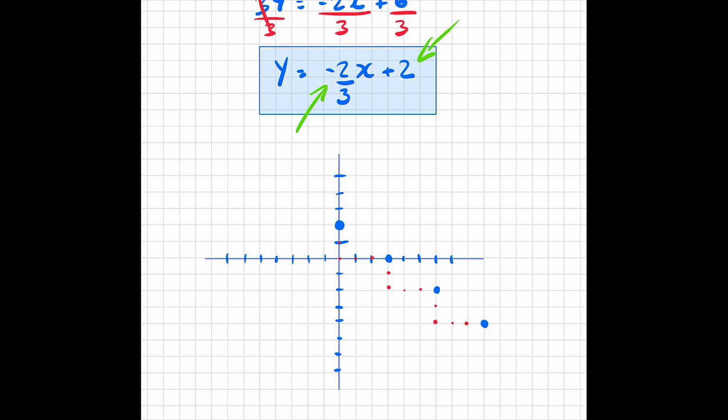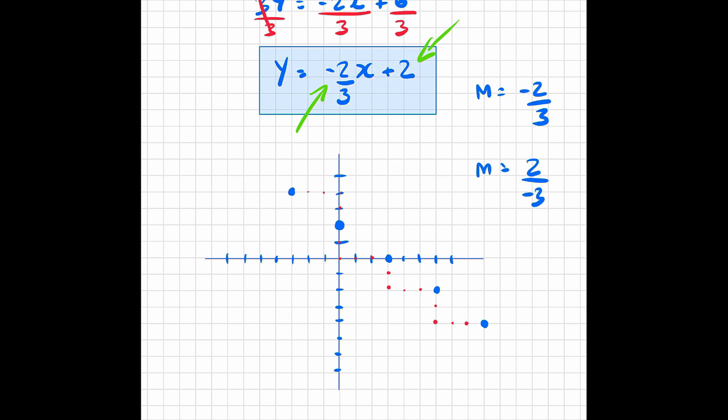So we've got two values we can use for the slope. We've got m can equal negative 2 over 3, in which case go down 2, right 3. But m can also equal positive 2 over negative 3. Both of those are negative slopes. So on the second one here, it's saying to go up 2 and left 3. So from here, I'm going to go up 2 and left 1, 2, 3.